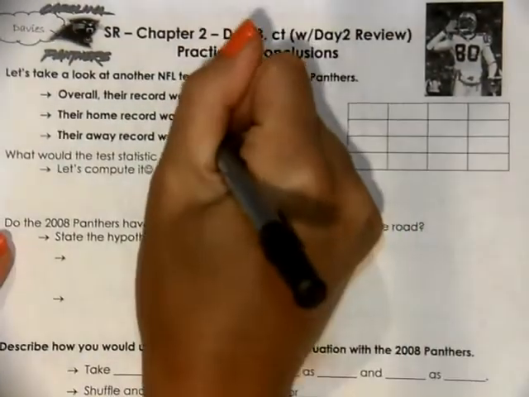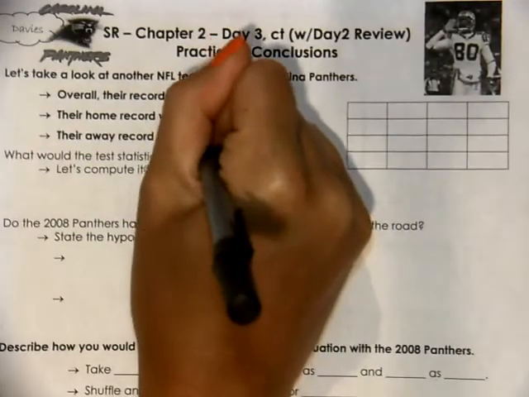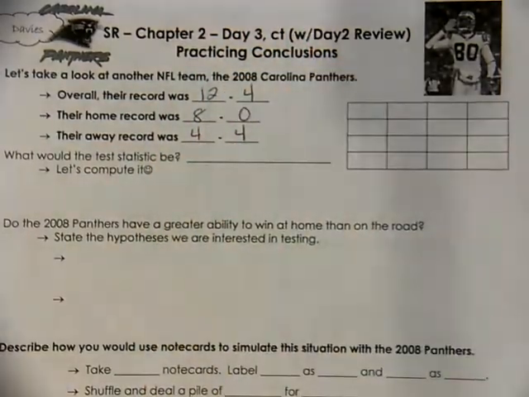Meaning, so take a look. If their total wins was 12 and their total losses was 4, and they went 8-0 at home, that means their away record must have been 4-4.